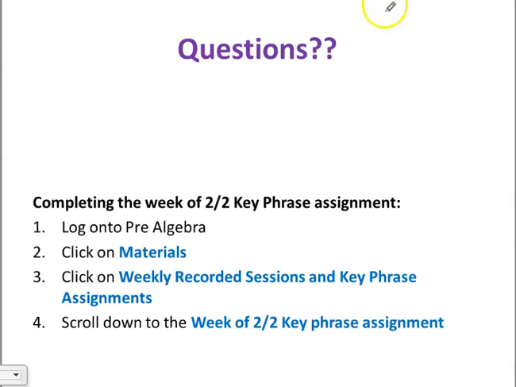So we are done with the review, so that brings us to our key phrase assignment. We are doing the week of February 2nd key phrase.